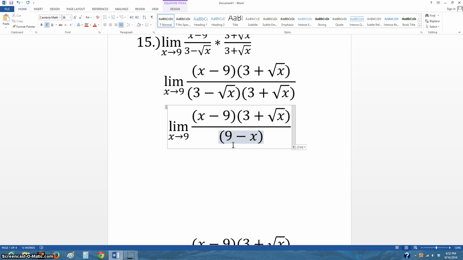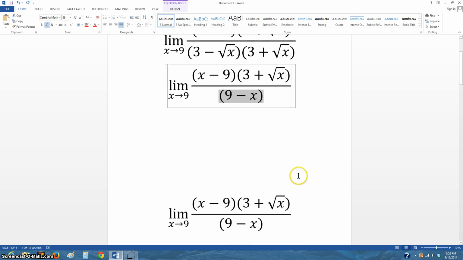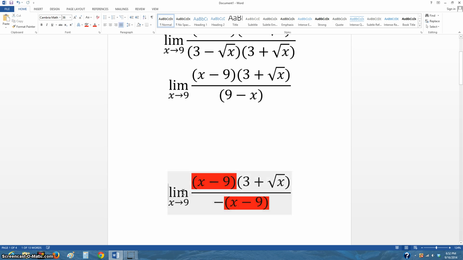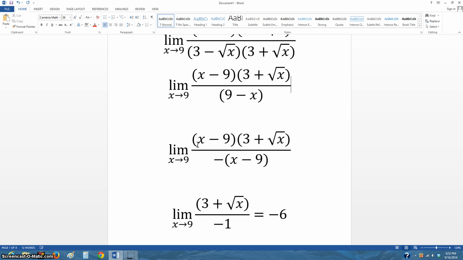In other words, you bring it along every time and not forget about it. So just because I want to arrange it the way that we're used to seeing it, I'm going to factor out a negative from the denominator. So when I factor out the negative from the denominator, I get the following.